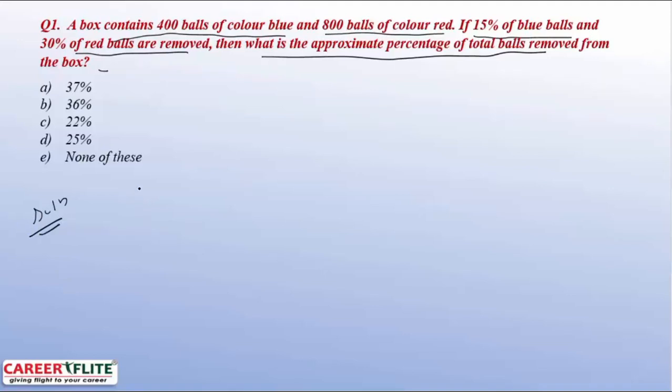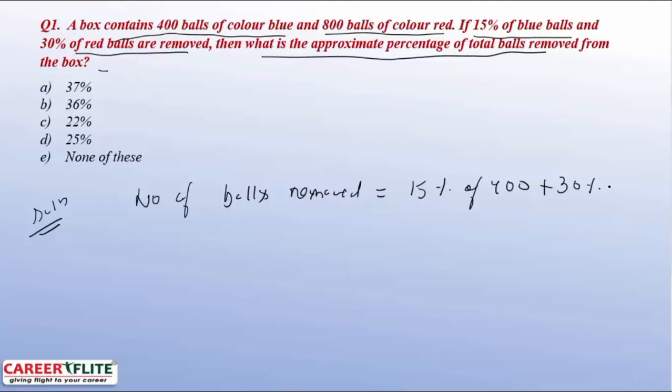So the number of balls removed is 15% of 400, that is for the blue balls, 15% is removed, and 30% of 800, that is for the red balls.